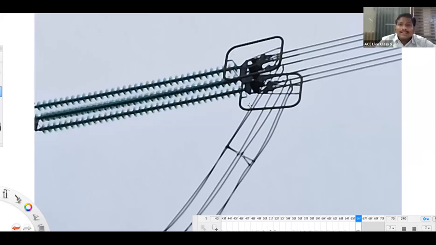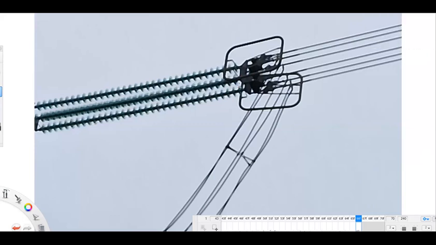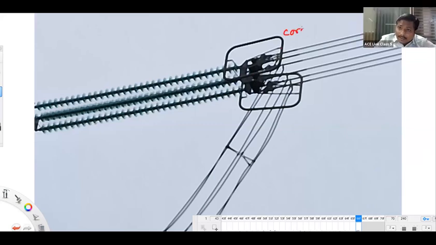It's on both sides, right? It serves the same purpose. This ring what you kept here will act as a corona ring. This can act as a guard ring. Both. Improving string efficiency it will do, as well as protecting the system from corona also it will do.